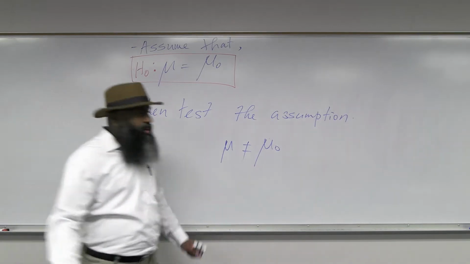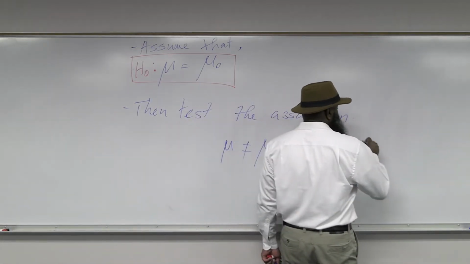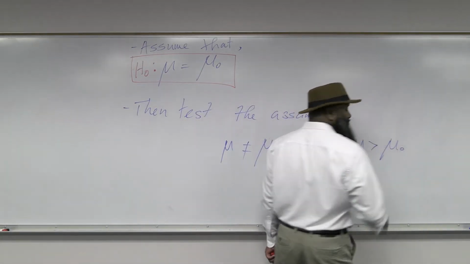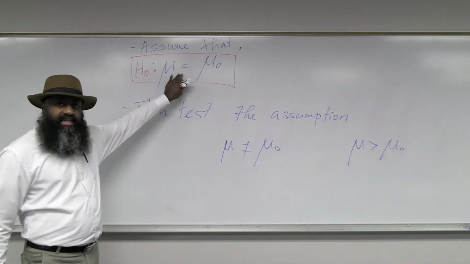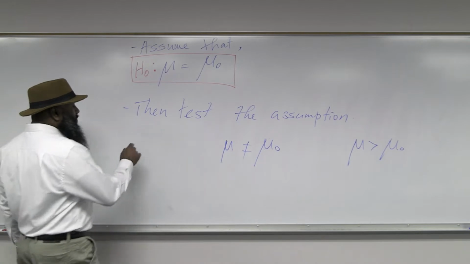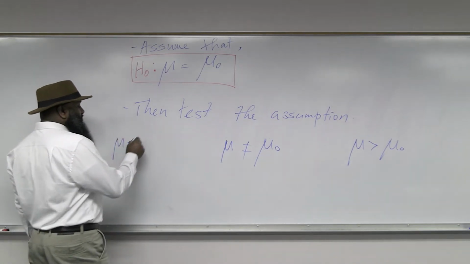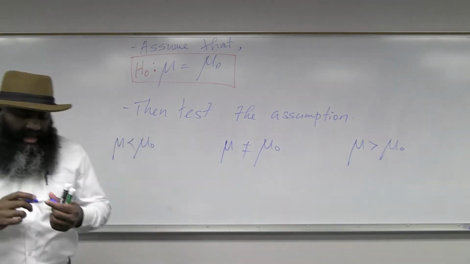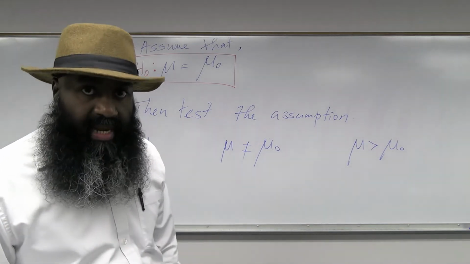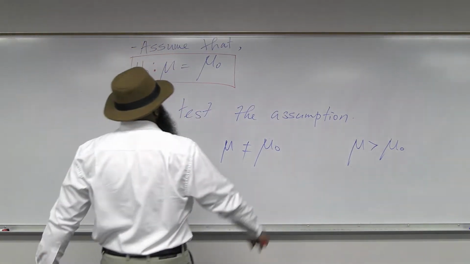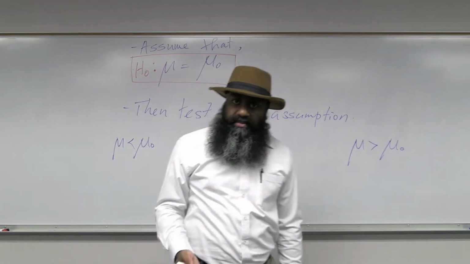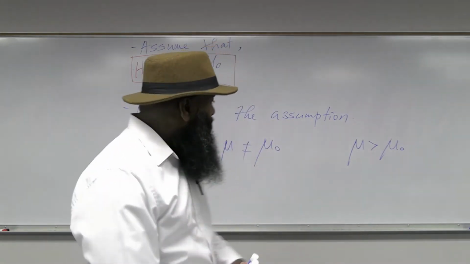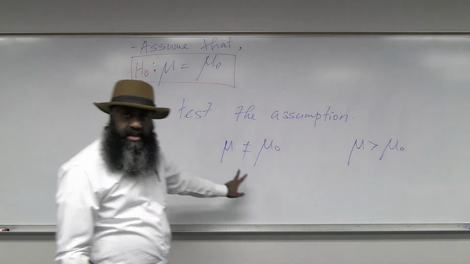Another alternative could be mu is larger than mu 0. Or another possible alternative, if this assumption is incorrect, is mu is lesser than mu 0. Now these alternatives, in case our assumption is proved false, we will go ahead and accept.